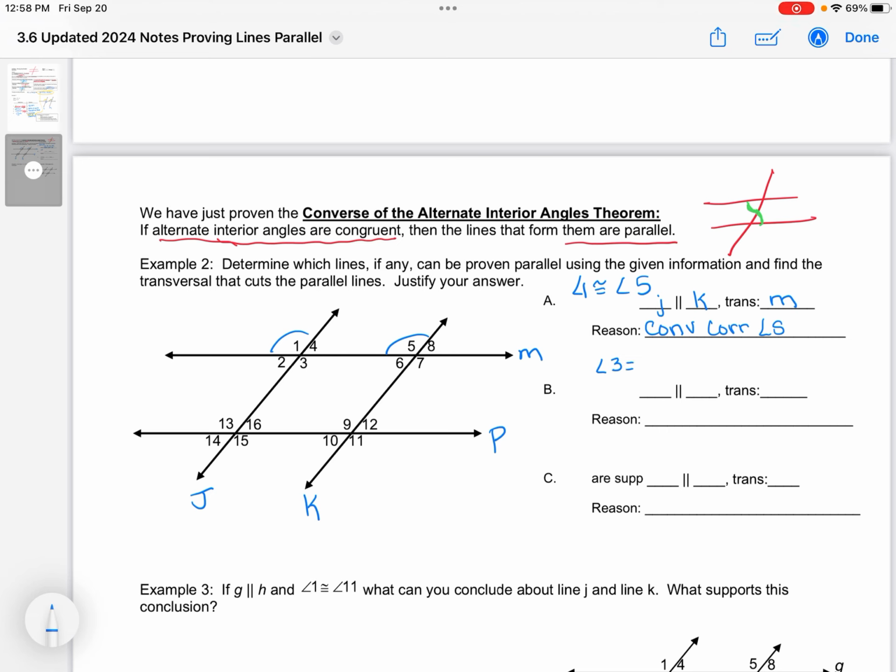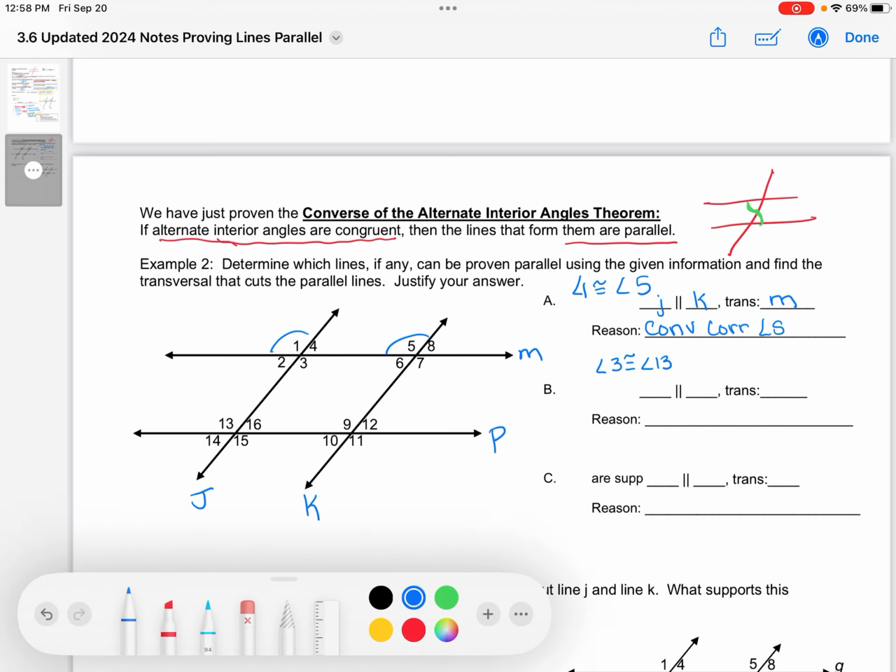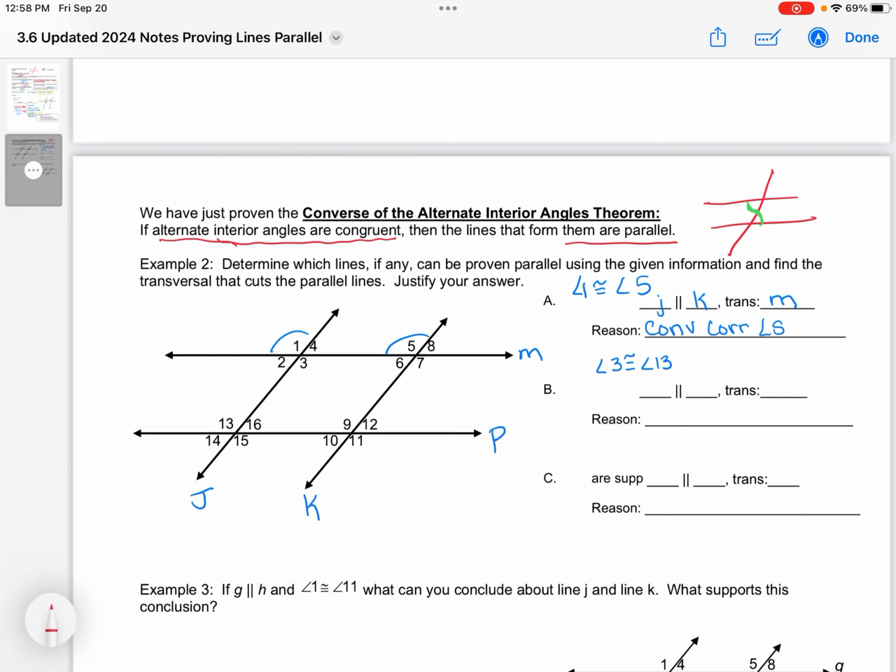All right, the next one says, mine does, yours doesn't, or yours might, apparently, 3 and 13. So angle 3 and angle 13. I need to change colors because we're going to do angle 3 and angle 13. Okay, those are alternate interior angles.